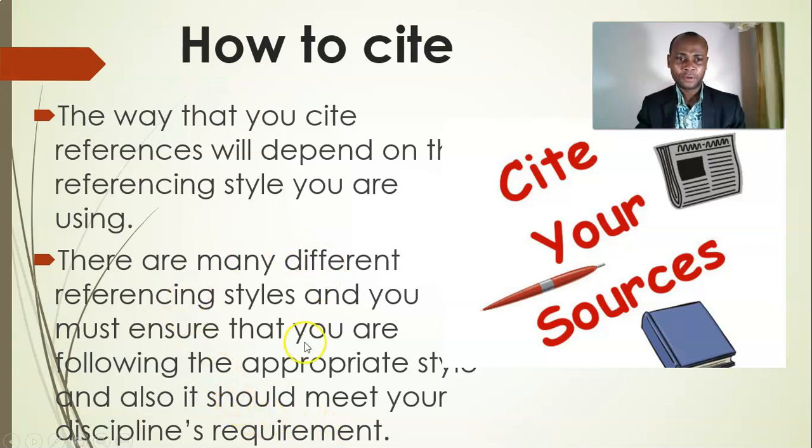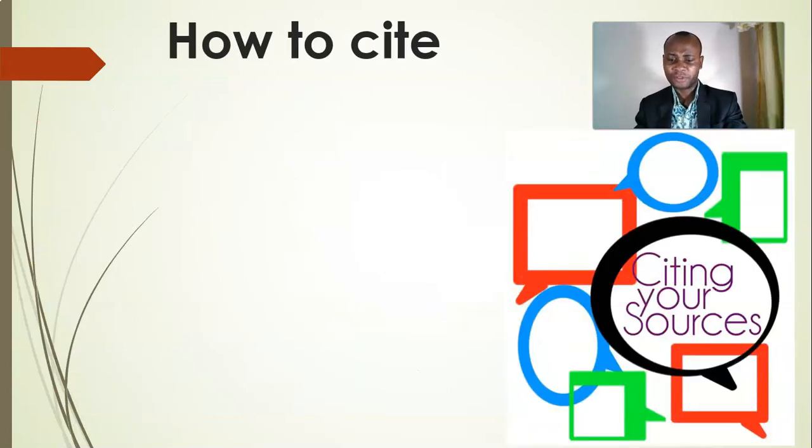So you have to check the reference style and then check the discipline requirement. Because usually how citation is done in social sciences might be different from how citation is done in maybe physical sciences and so on and so forth. So you need to cross check.